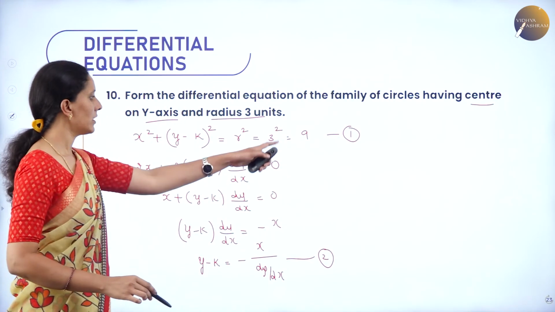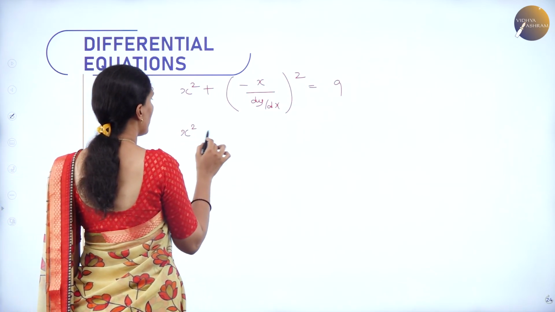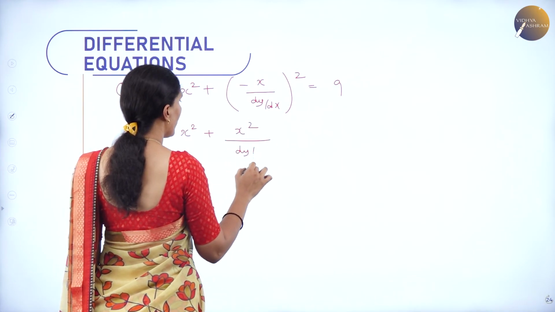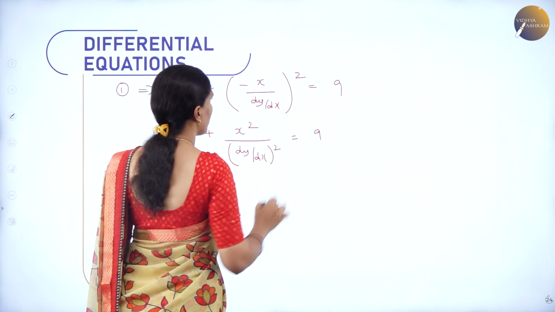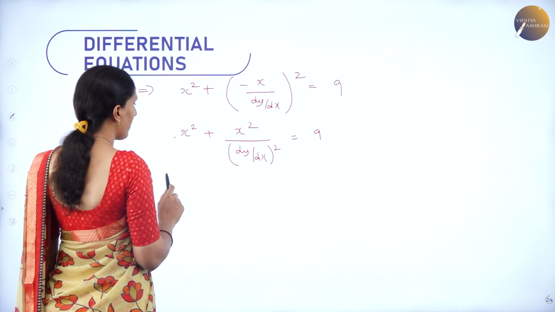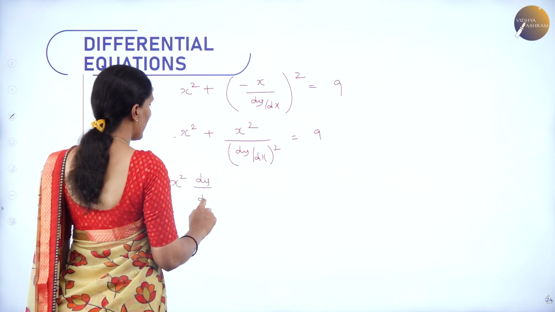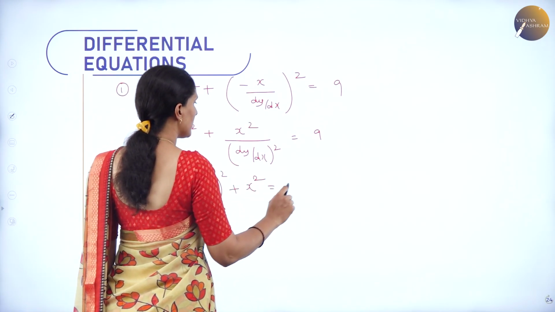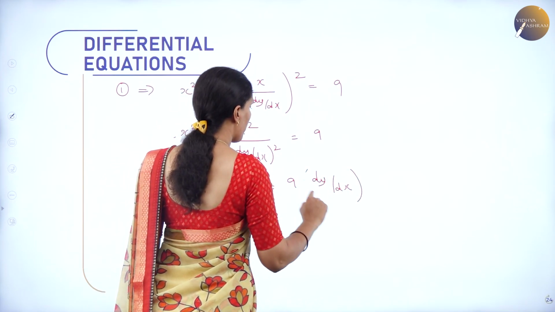So, clearly you can see this is x square plus x square divided by dy by dx whole square is equal to 9. Now, multiply by dy by dx whole square, then it is x square dy by dx whole square plus x square is equal to 9 into dy by dx whole square.